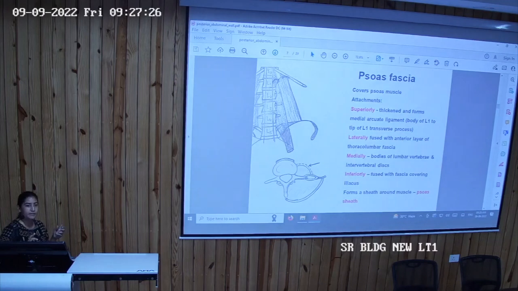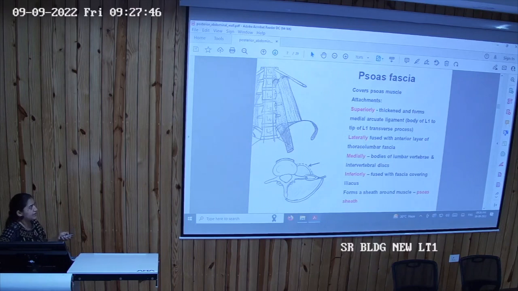In the diaphragm, we have discussed the medial arcuate ligament and lateral arcuate ligament. So this one attached to the L1 vertebra is the medial arcuate ligament. It is thickened and forms the medial arcuate ligament attached to the body of L1 and the tip of the L1 transverse process.